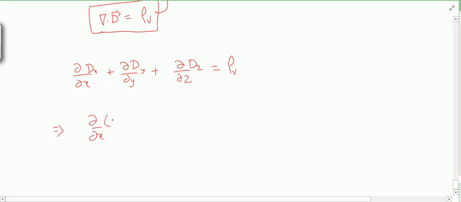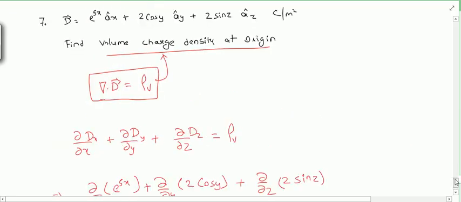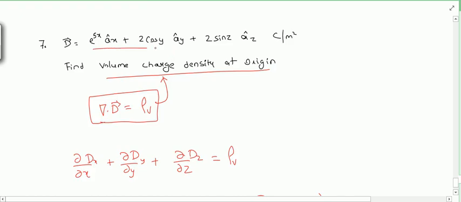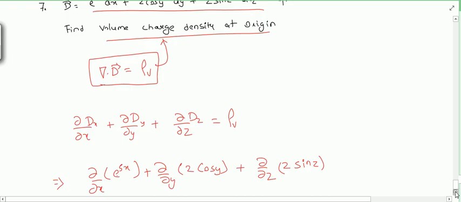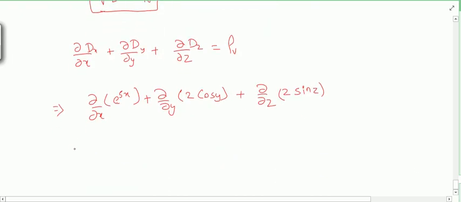Del by del x of the Dx component, which is e to the power 5x, gives 5 e to the power 5x, plus del by del y of the y component, which is 2 cos y, plus del by del z of the z component, which is 2 sin z. You can first note this thing and then watch this to understand what I'm writing.